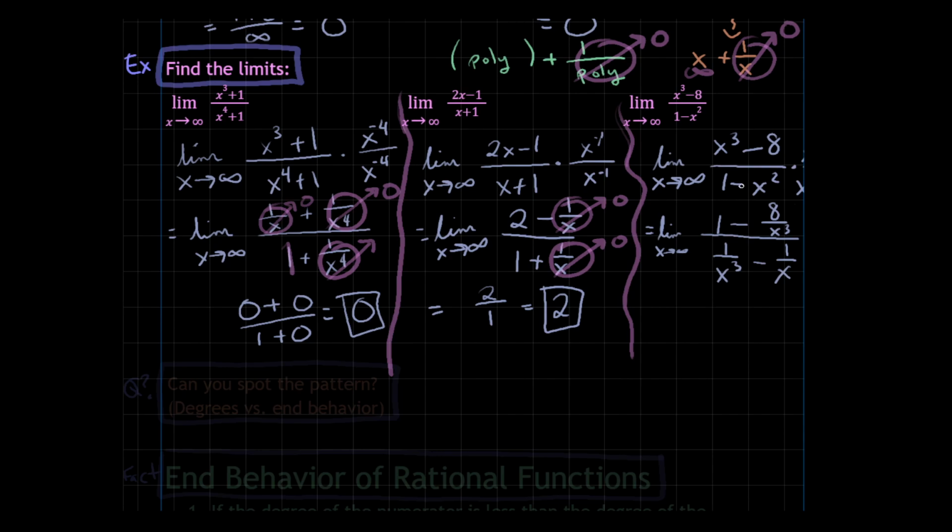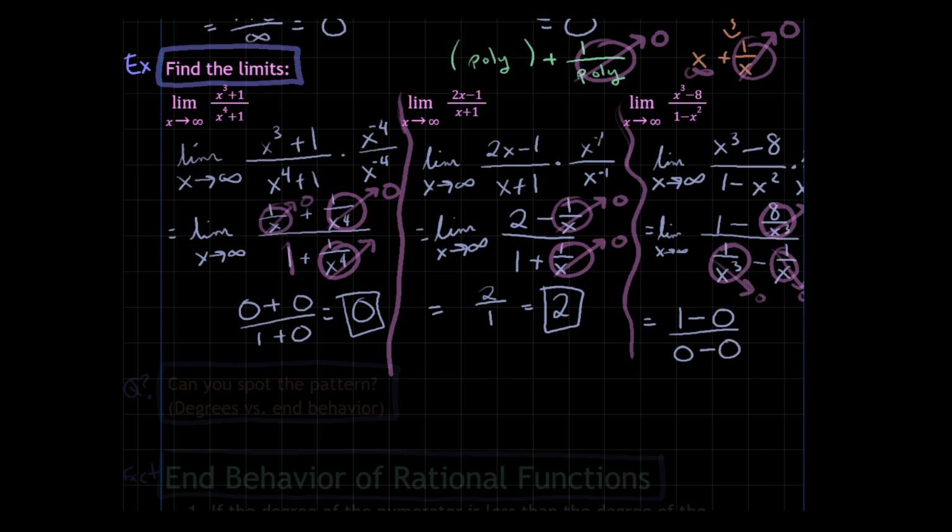Okay, so then what do these do at the end behavior? This goes to 0. This goes to 0. This goes to 0. So what do we have? We've got 1 minus 0 over 0 minus 0.